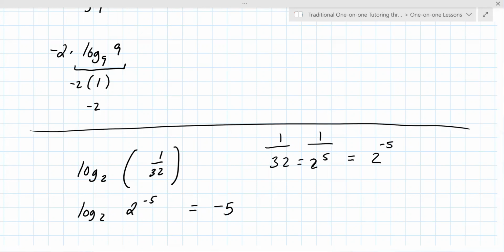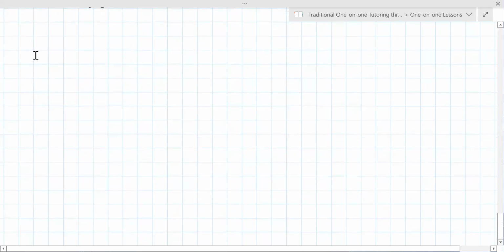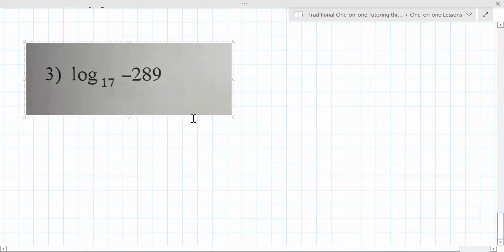Any questions on that? Okay, pretty straightforward. I want to make a comment about number 3 and then move on to something else. I'm not sure how far you are in the course. So this one says log base 17 of -289.